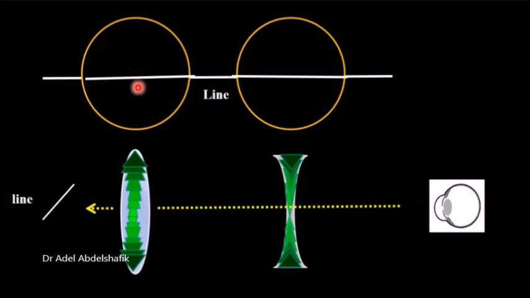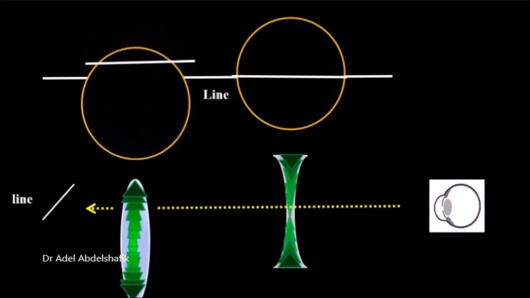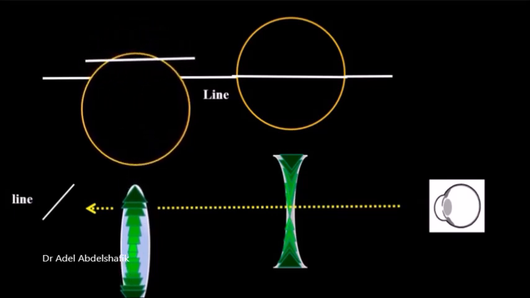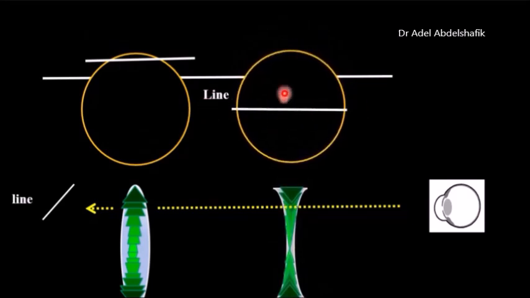Now we make the movement in one direction, say downwards. In case of a plus lens, the portion of the line seen through the lens is moving against our movement. While in case of minus lenses, the portion of line seen is moving with our movement.